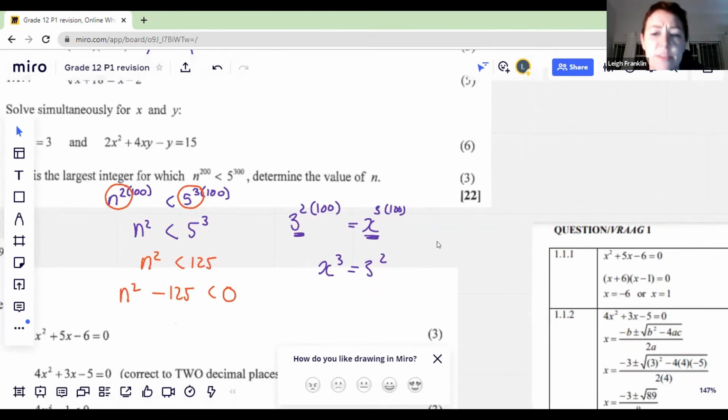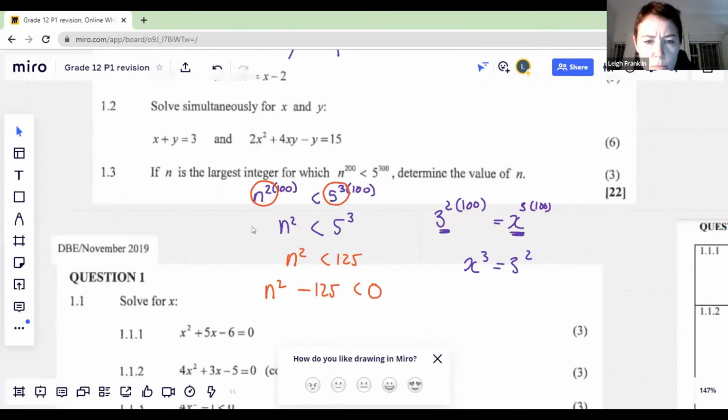Ma'am, yes, my love. I used a different method. Okay, what did you do? Instead of putting 3 outside of the bracket and then 100 inside the bracket, I just divided the 300 by 1.5. So it was n to the power of 200, the sign, open bracket, 5 to the power of 1.5, close bracket, to the power of 200.